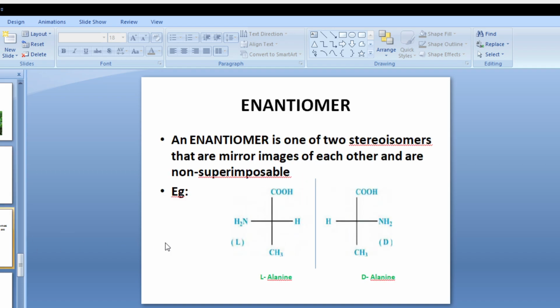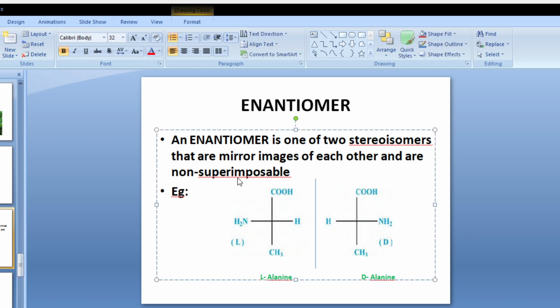Definition wise also, enantiomer is one of the stereoisomers, and in the case of enantiomers you have a mirror image relationship to each other. These two molecules are mirror images of each other that you are seeing, L-alanine and D-alanine.